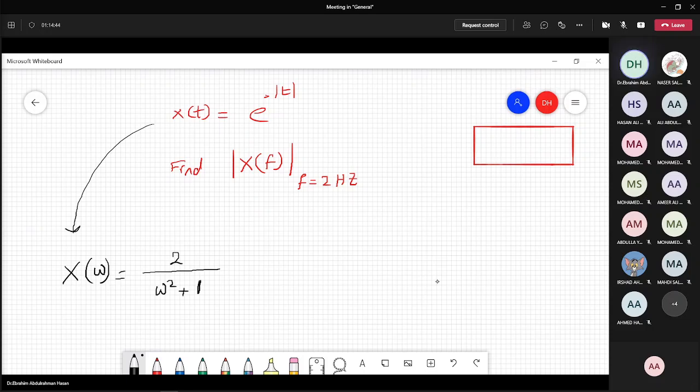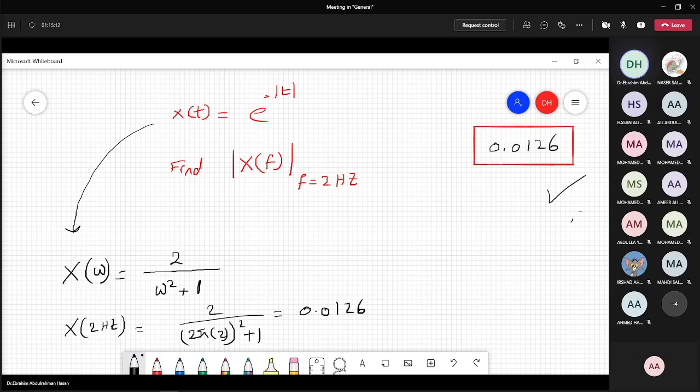If f equals 2 hertz, then x of 2 hertz equals 2 over (2 pi multiplied by 2) squared plus 1. If you calculate this, it becomes 0.0126. So put the number here, 0.0126, and it is either right or wrong.